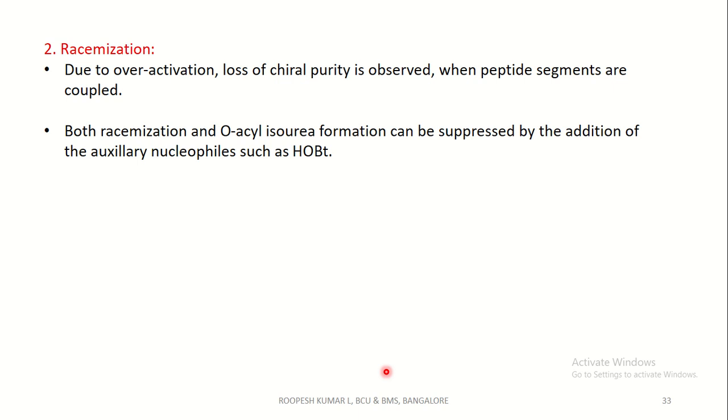After coupling, the product will be both L as well as R. Both racemization as well as O-acyl isourea formation can be suppressed by the addition of an auxiliary nucleophile such as HOBT. HOBT is nothing but hydroxy benzotriazole.